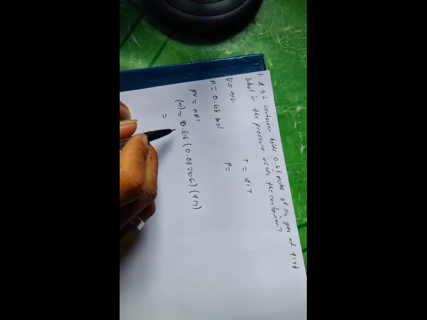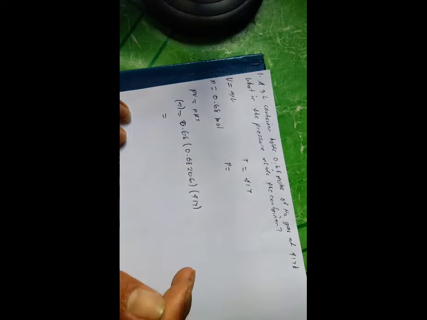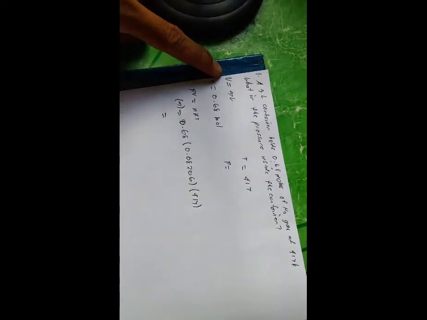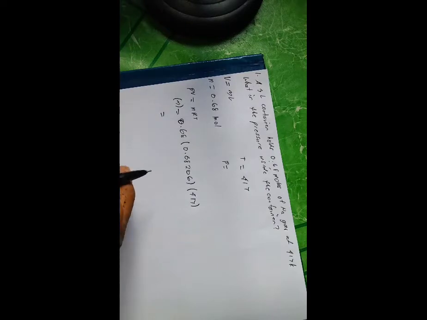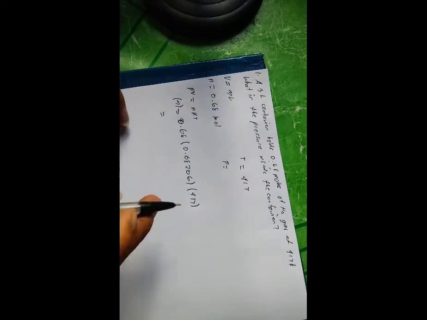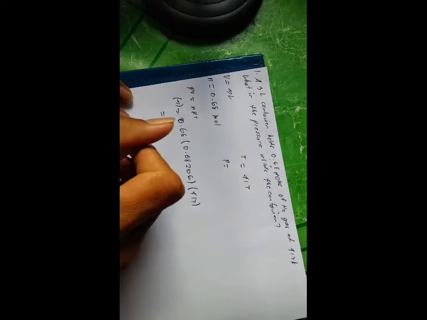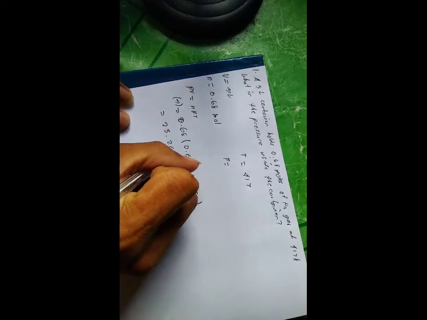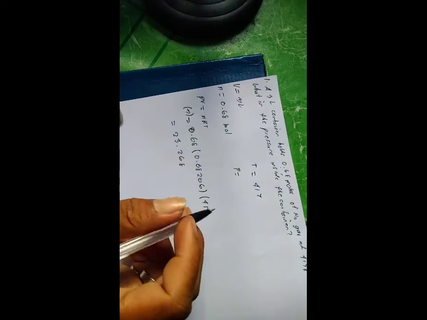Multiply this: 0.68 times 0.08206 times 417 is equal to 23.268.